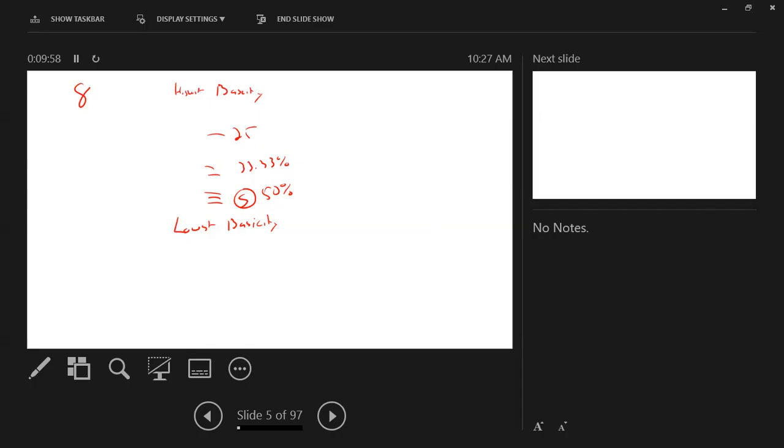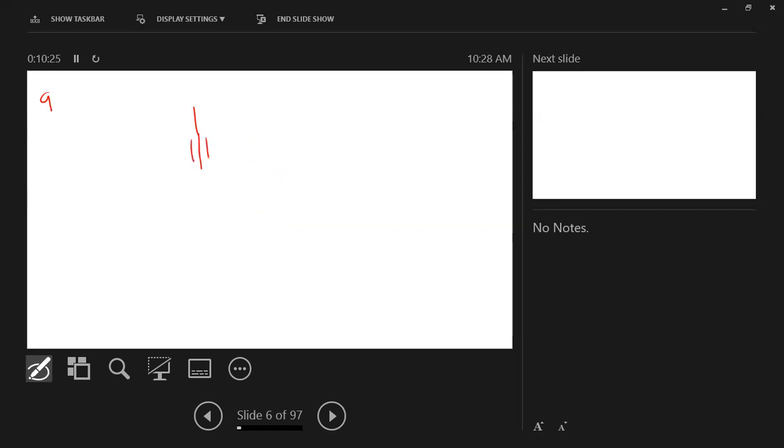All right. So 9 says draw the alkyne formed when 2,3-dichloropentane is treated with an excess of strong base such as sodium amide. If we treat it with excess strong base, we're going to get the double bond and then we're going to get the triple bond. So what we're going to have then is this.